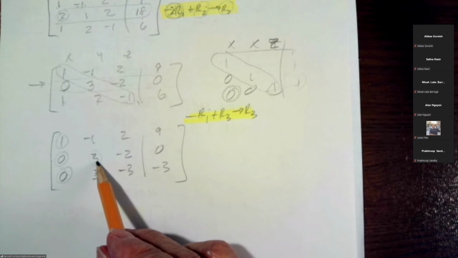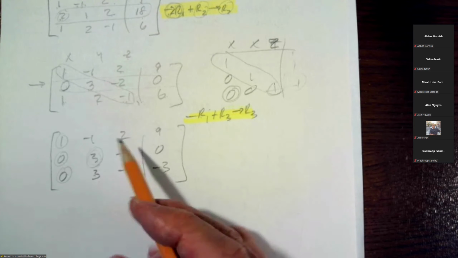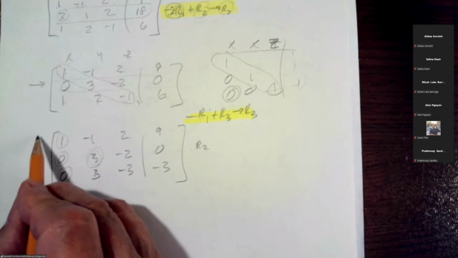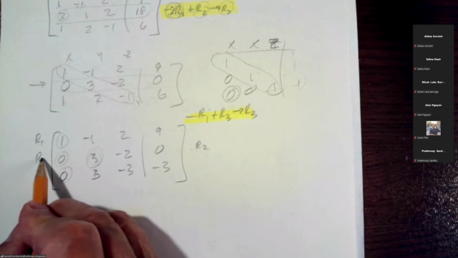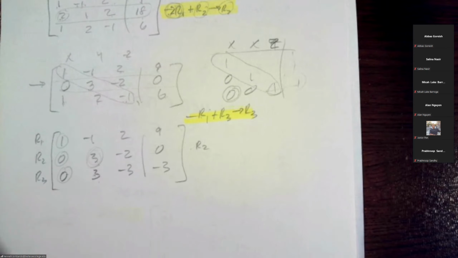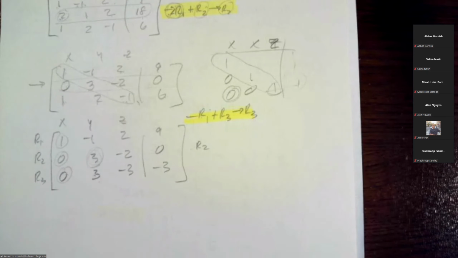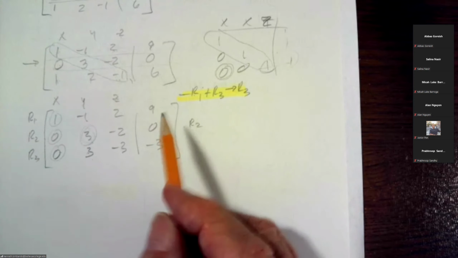If I want to get a 1 here, I guess I could just divide through by 3, couldn't I? I could just take row 2. I haven't labeled these out here, but these are always row 1, row 2, row 3, and these are X, Y, and Z. I haven't put them up there, but those remain the same all the way through.